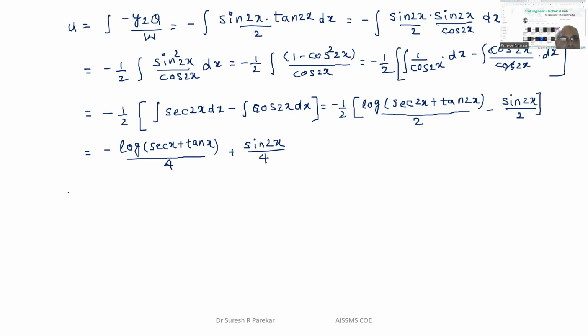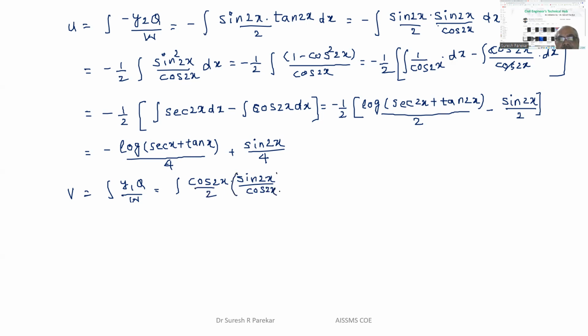Now we have V equal to integration of y1 q upon W. And now y1 we have is cos 2x, into q, I will directly write now, sin 2x upon cos 2x, that is tan 2x, upon 2.